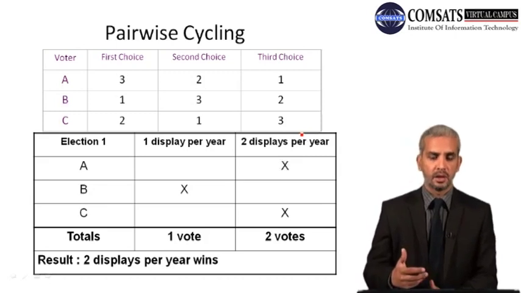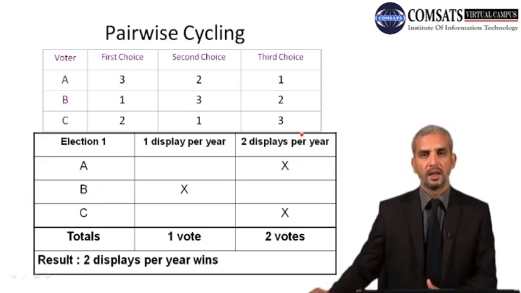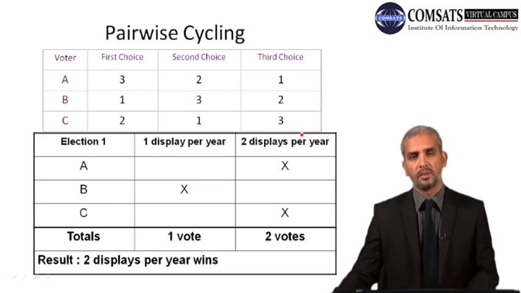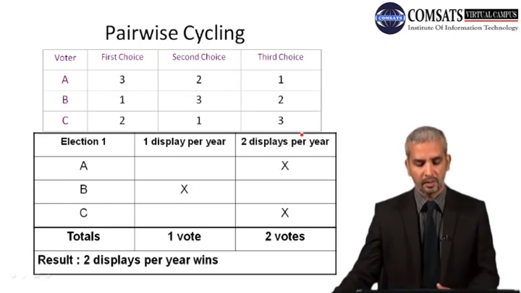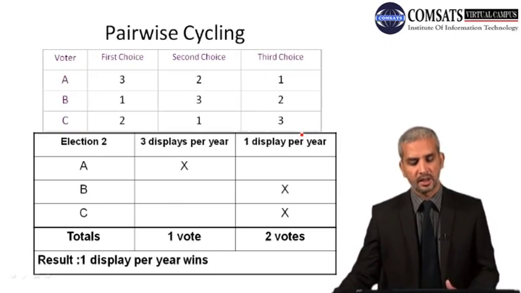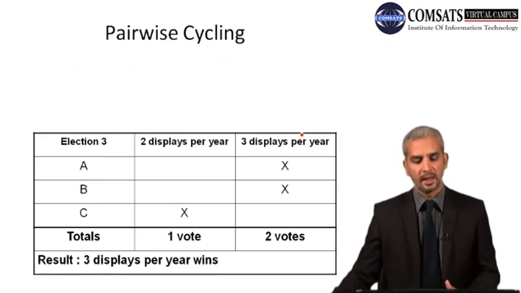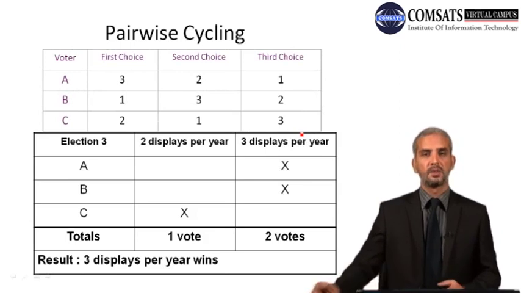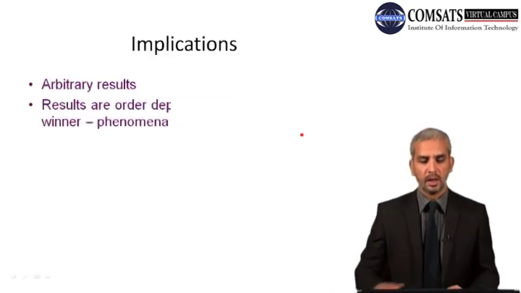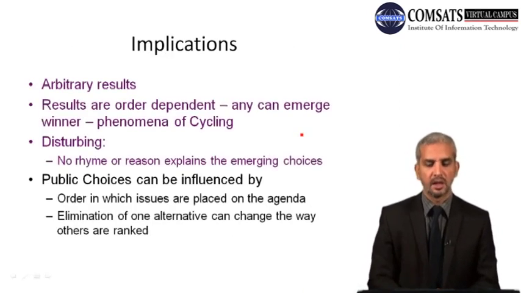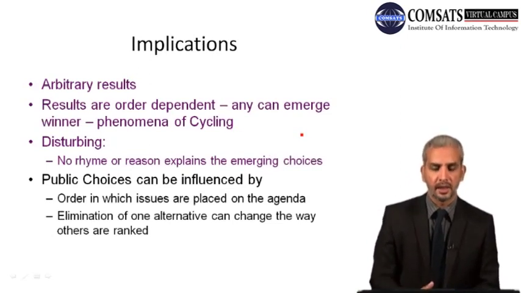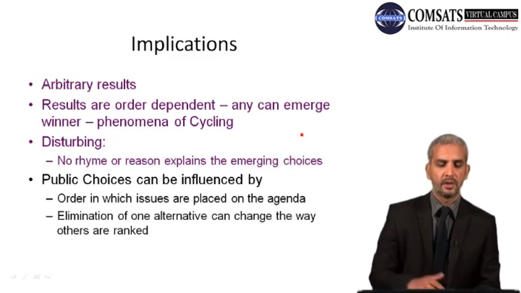Based on the outcome, it was shown that the results were arbitrary. In the first election there were 2 displays per year, in the second election 1 display per year, and the third election selected 3 displays per year. So there is no specific outcome, the results are order dependent, and any result can emerge as a winner, which is the phenomenon of cycling.